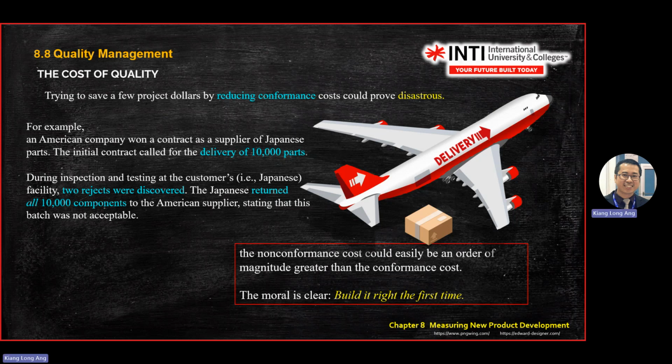Okay, the example of this slide is that there's a reject here and there. The moral is that you build it right the first time. Means you do it right the first time.